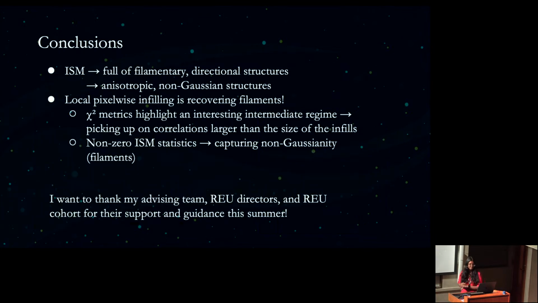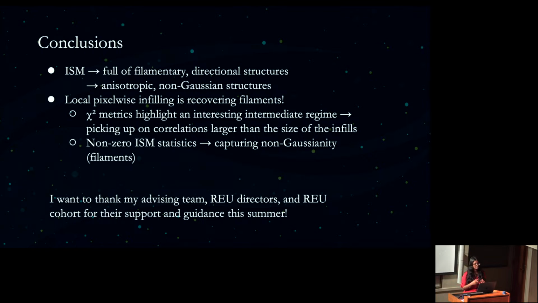And then finally, I want to leave with the fact that the ISM is full of lots of filamentary directional structures, and that directly correlates to anisotropic non-Gaussian structure, and that this method that we're using, local pixel-wise infilling, is actually capturing those filaments and non-Gaussianity.